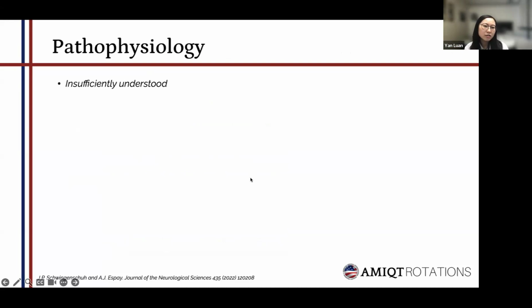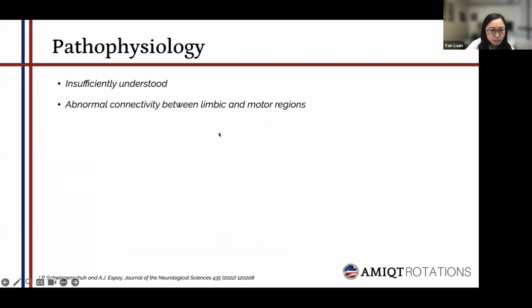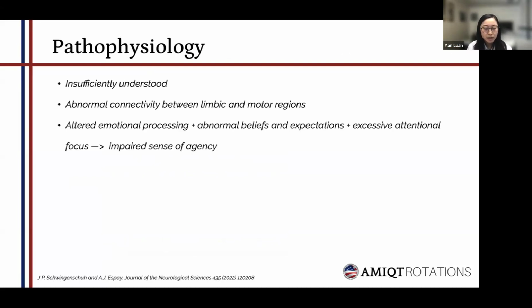The underlying cause of functional tremor is still not understood. Abnormal connectivity between limbic and motor regions has been found by some studies. It is believed to be a combination of altered emotional processing, abnormal beliefs and expectations, and excessive attentional focus, which lead to impaired sense of agency.